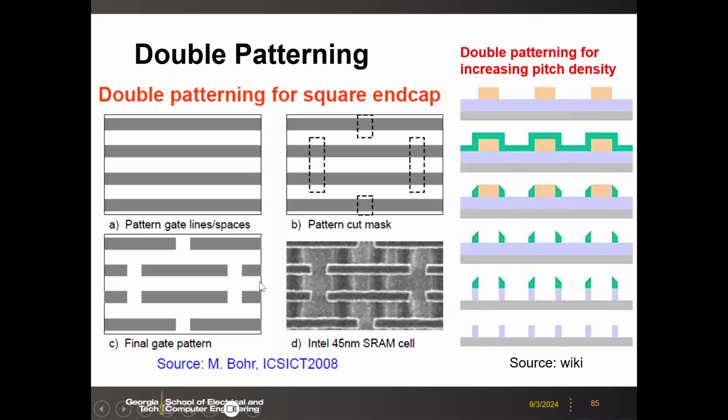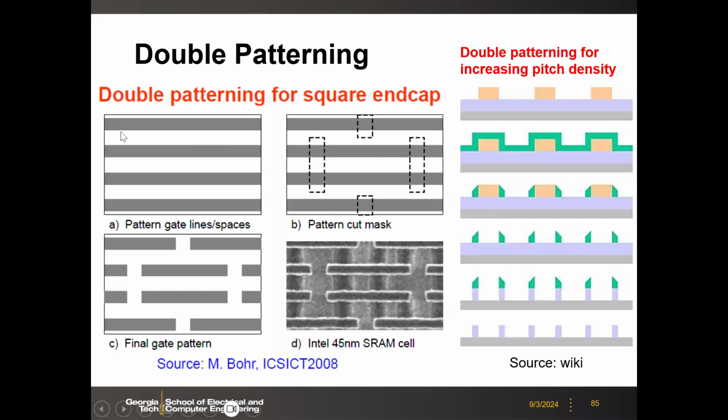You have some gap in between those wires, but if you directly pattern this, due to optical diffraction, you will easily get a round or distorted shape if you do one lithography step. So that's why a double step is used.